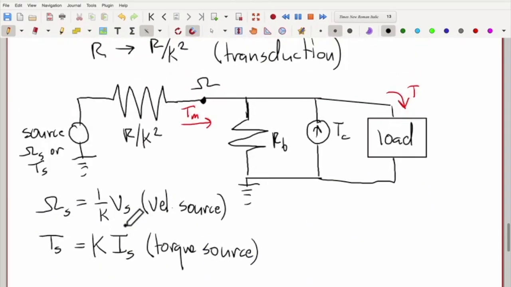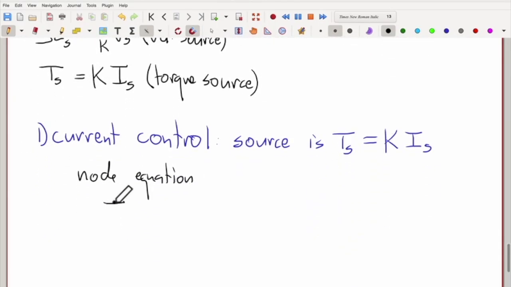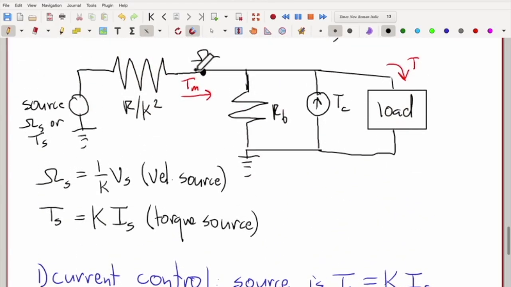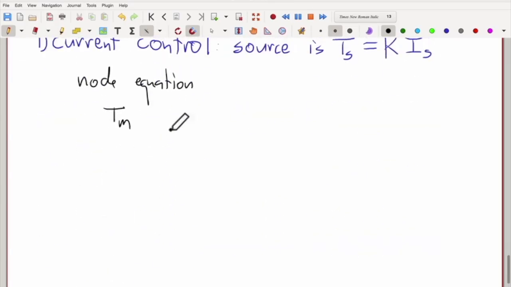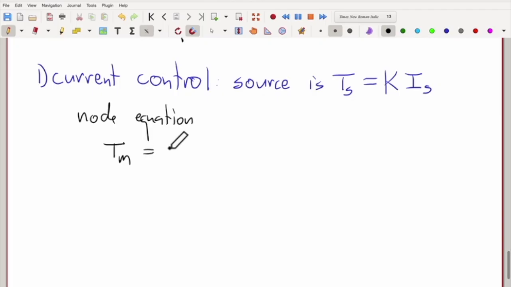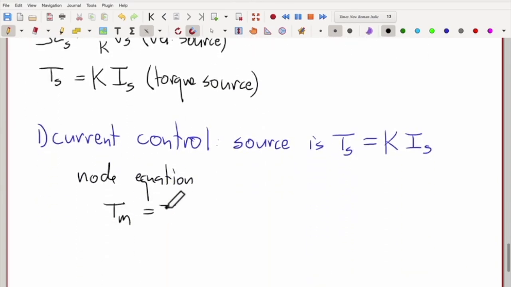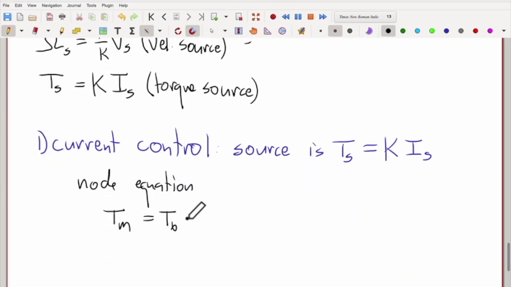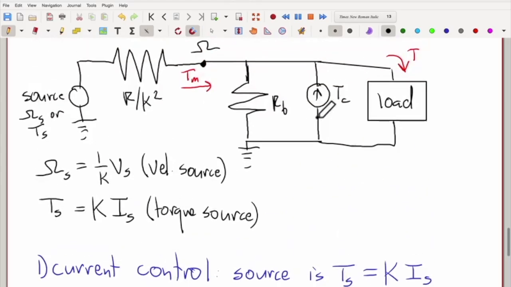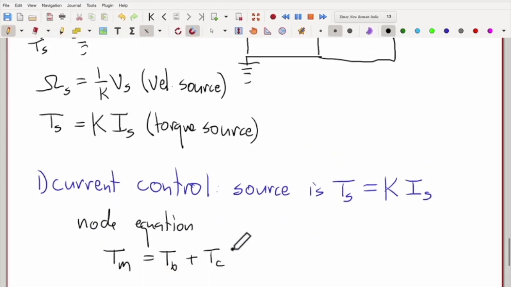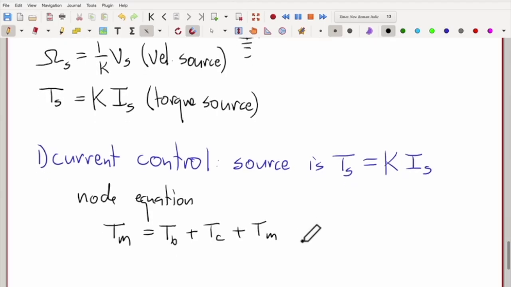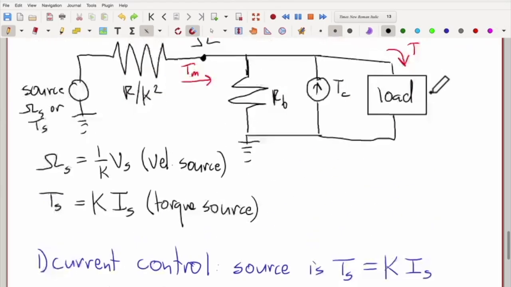So the torque coming in is equal to all the torques coming out, which is TB going here, plus the torque going through this one here, TC, plus TM. Sorry, T here, the torque going into the load.